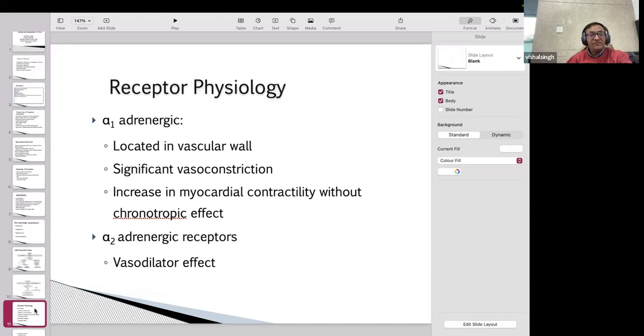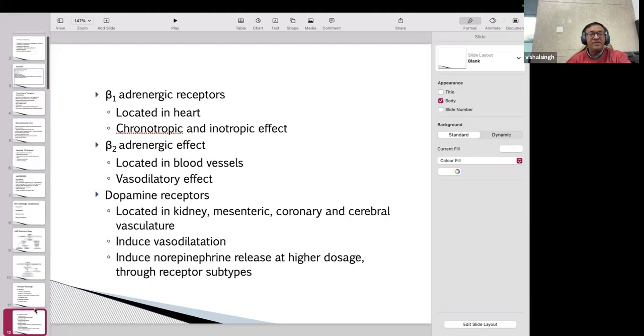These are the basic receptors that we have in the cardiac and vascular structures. Alpha-1 adrenergic is primarily vasoconstrictor, while alpha-2 adrenergic in the vasculature has a vasodilator effect. There are a few present in the myocardium also, but they have no chronotropic effect, just a very marginal increase in myocardial contractility.